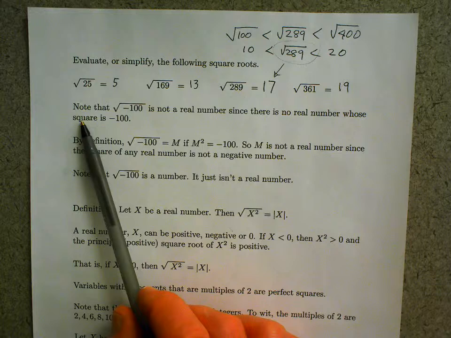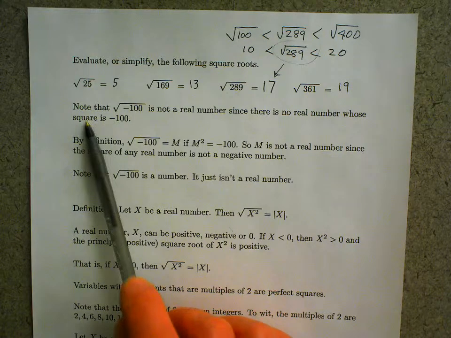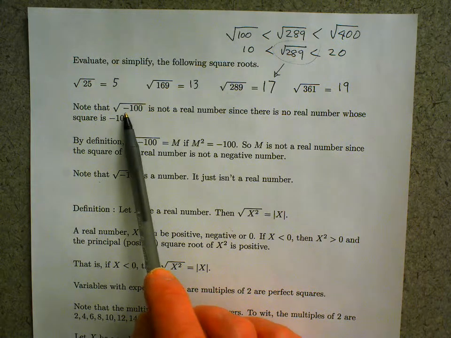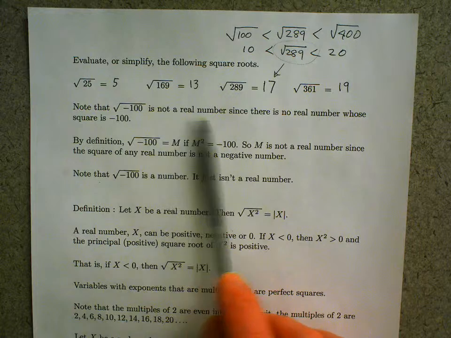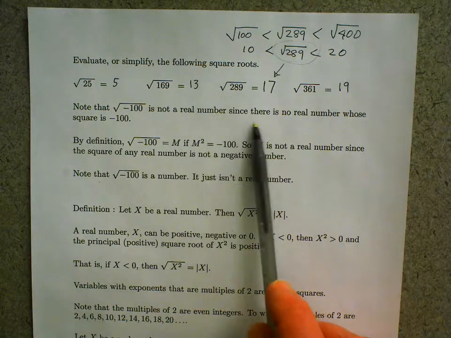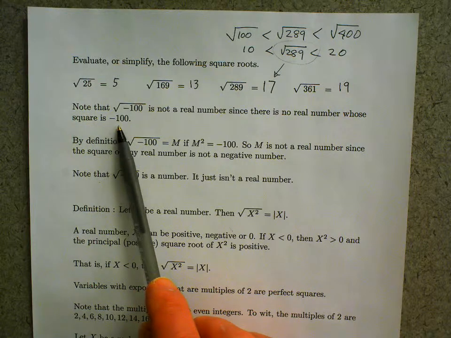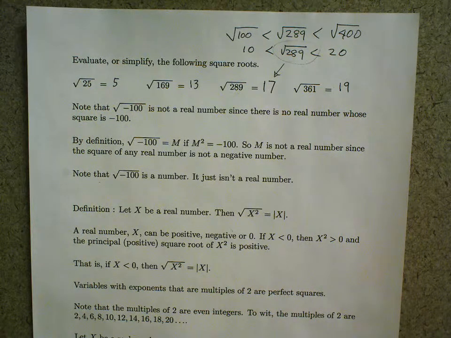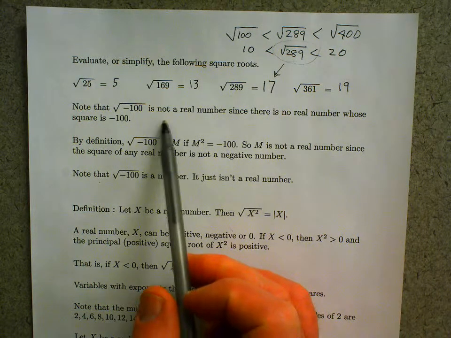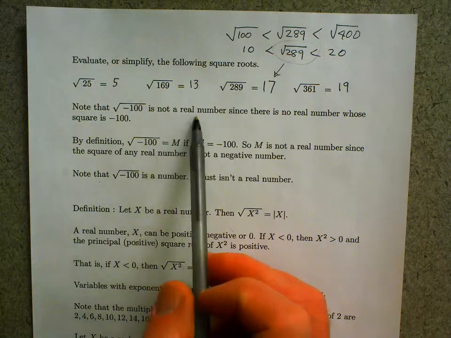Okay, the next sentence. Note that the square root of negative 100 is not a real number, since there is no real number whose square is negative 100. If you square a positive number, you get a positive number.